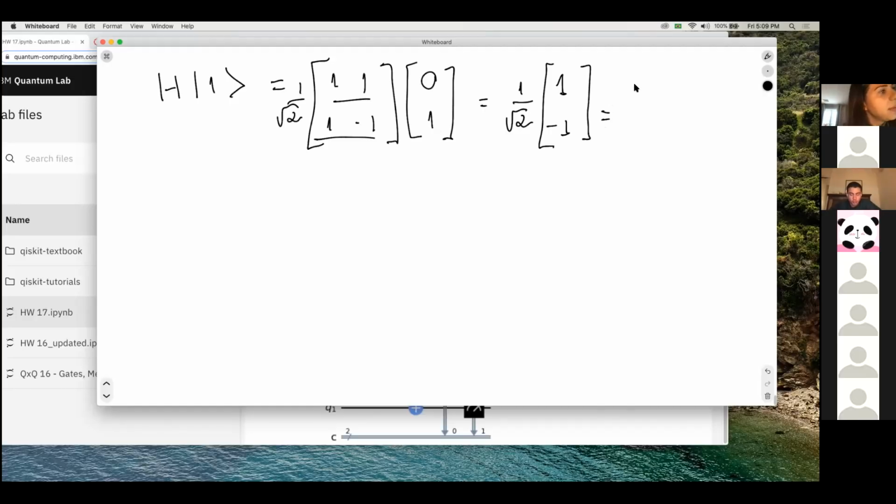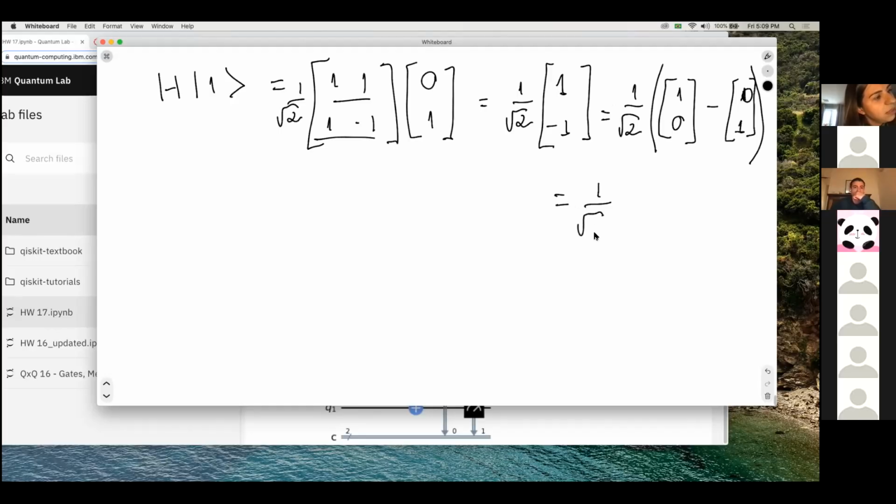This is the same as writing, that's the same as writing, so that's how I introduce the minus sign to my operation.